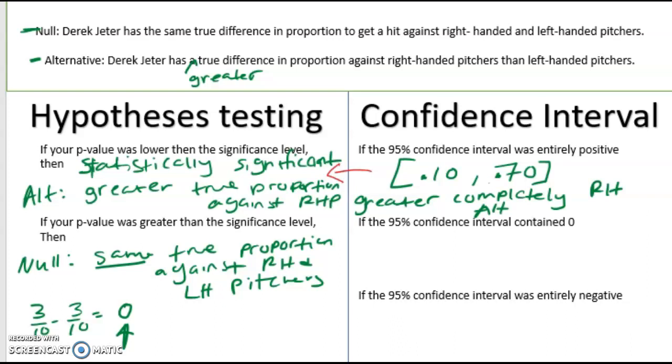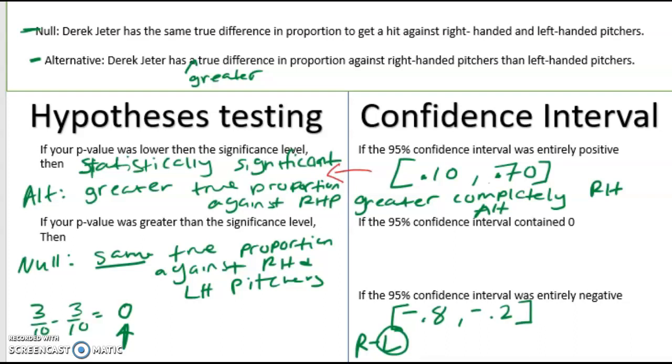Now on the flip side, if I have an entirely negative interval, so let's say I have negative 0.8 to negative 0.2, that would mean that he's not doing better against right-handed pitchers. And in fact, he's actually doing better against left-handed pitchers, because if we're doing right-handed pitchers minus left-handed pitchers, then in every instance you would have the left-handed pitcher's value being higher than the right-handed pitcher's value.